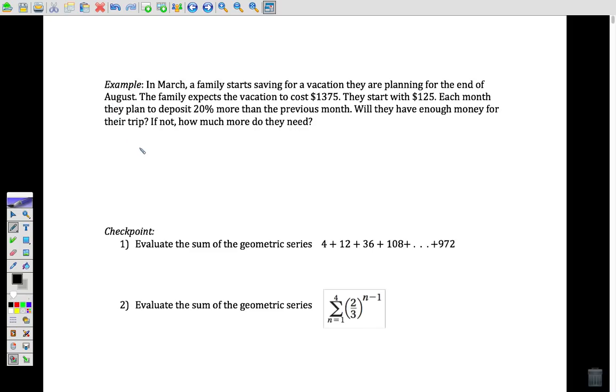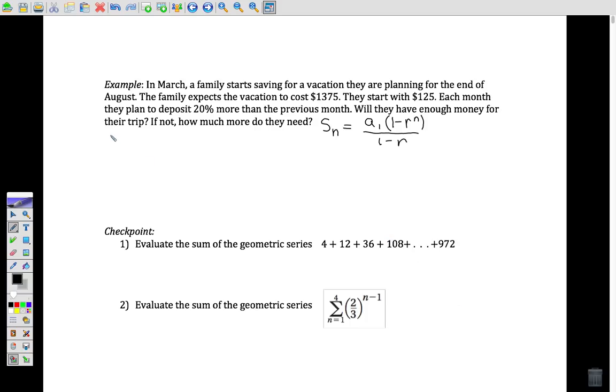So thinking about this, it's finite because you're only saving from March to August. So we're going to use the finite geometric series formula, which is a sub 1 times 1 minus r to the n all over 1 minus r.